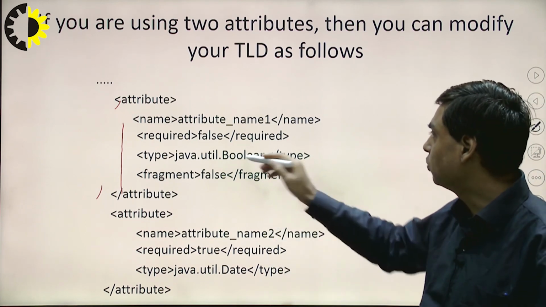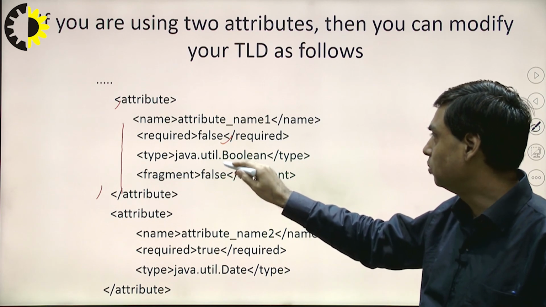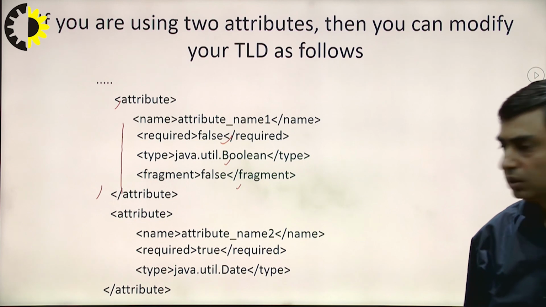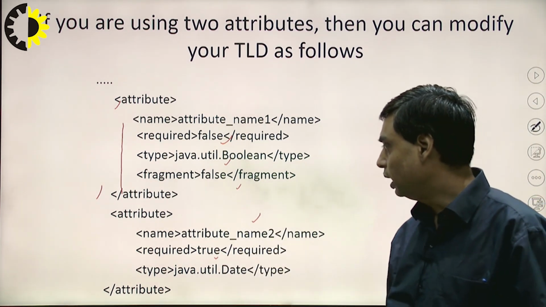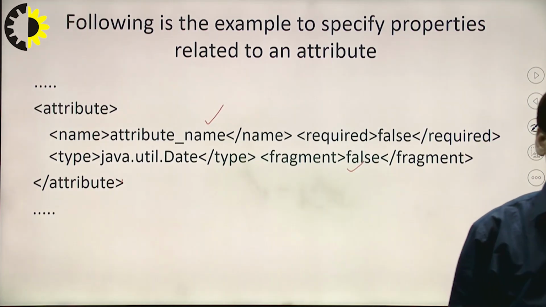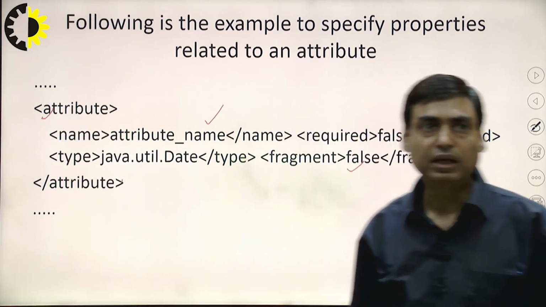If it is not required, then you can use false. The type is java.lang.Boolean, and fragment equal to false. Then the second attribute name, required is true, and java.util.Date is the type. So we can understand that with the help of the attribute tag, we can define the attributes of a tag.